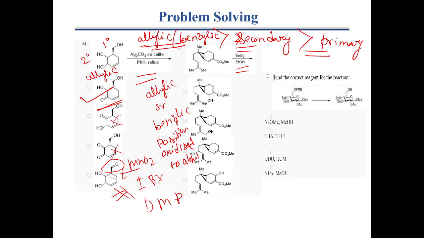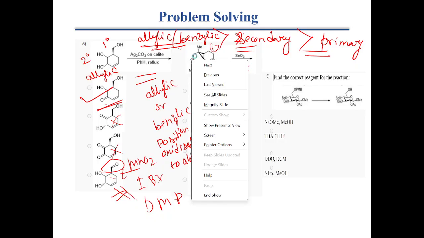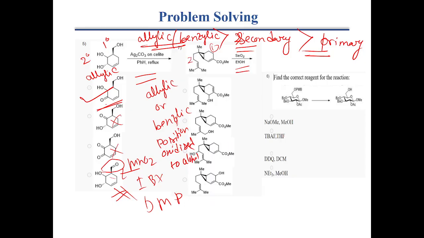So here three types of allylic position are there. This one is one, this is two, and this is three. In the three case, there are two possibilities: 3A and 3B. 3A is the cis form, 3B is the trans form.